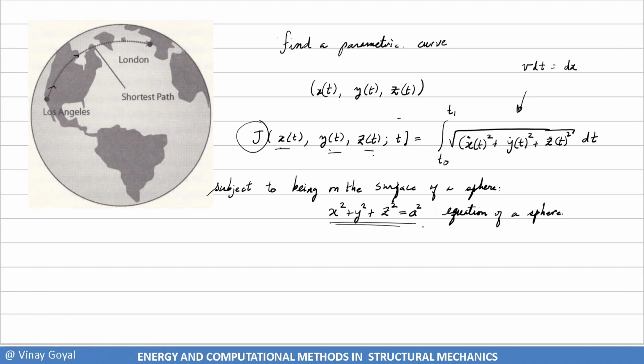So then I can construct an augmented functional, and I'll have j plus lambda times the constraint. Let's call this constraint c. And so then j becomes exactly what I had before, but I'll rewrite it.